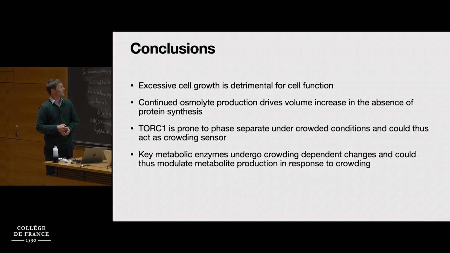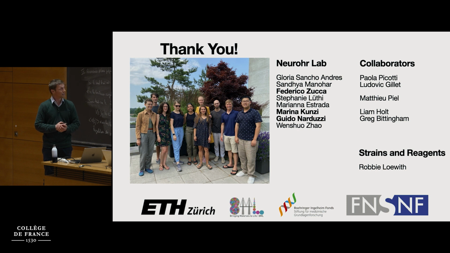Then I showed you that TORC1 is prone to phase separation, and so it might act as a homeostatic sensor to regulate crowding. I also showed you some data that metabolic enzymes might directly be under crowding control, and so at this level could also influence crowding control.